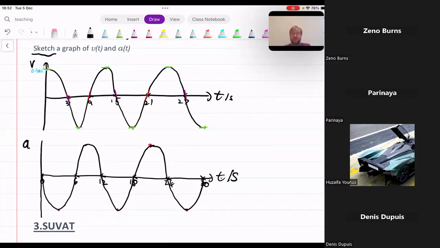Whenever you sketch a graph, maximum, minimum, zeros, and whether or not it's smooth or jagged, whether or not there's lots of straight lines or whether or not it's a smooth curve. They're the important features. If you can get some of the numbers, that's even better.